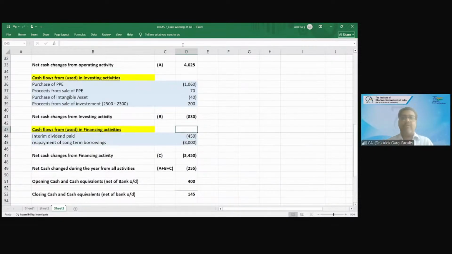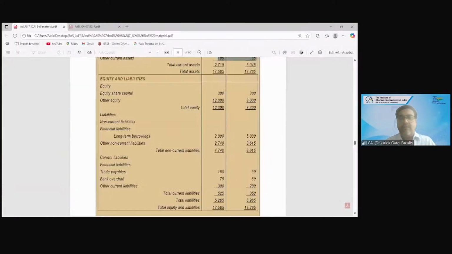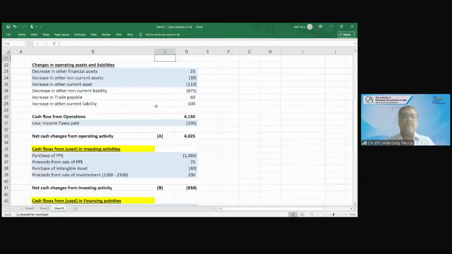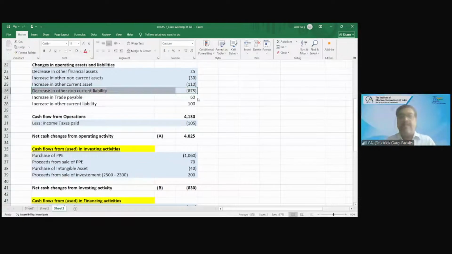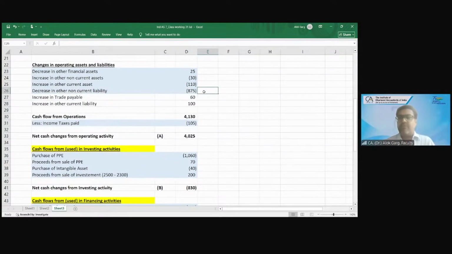Then there is a decrease in other non-current liability, 2740 minus 3615. Where will it go? It will also be a reduction in cash flow from operating activity. Then an increase in trade payable from 90 to 150.